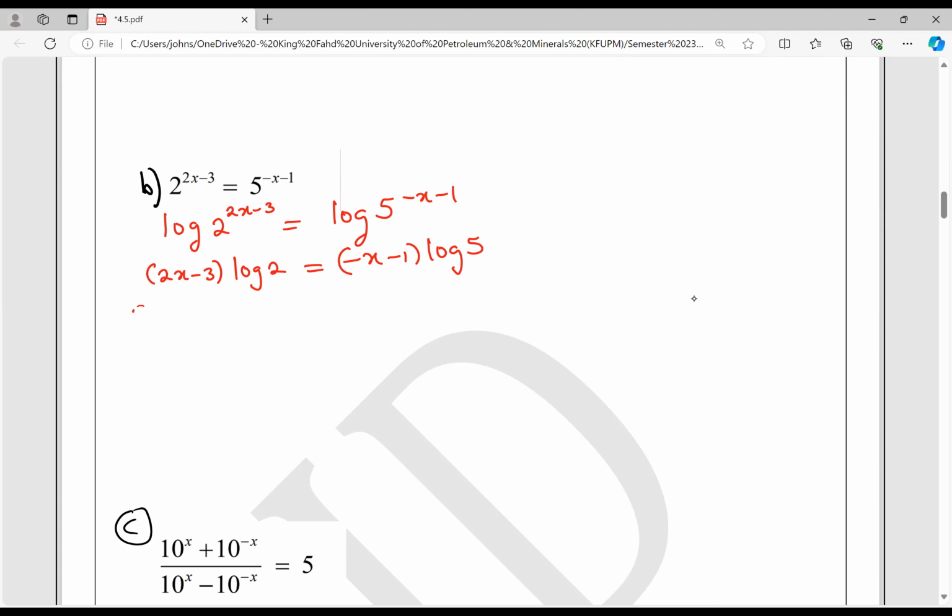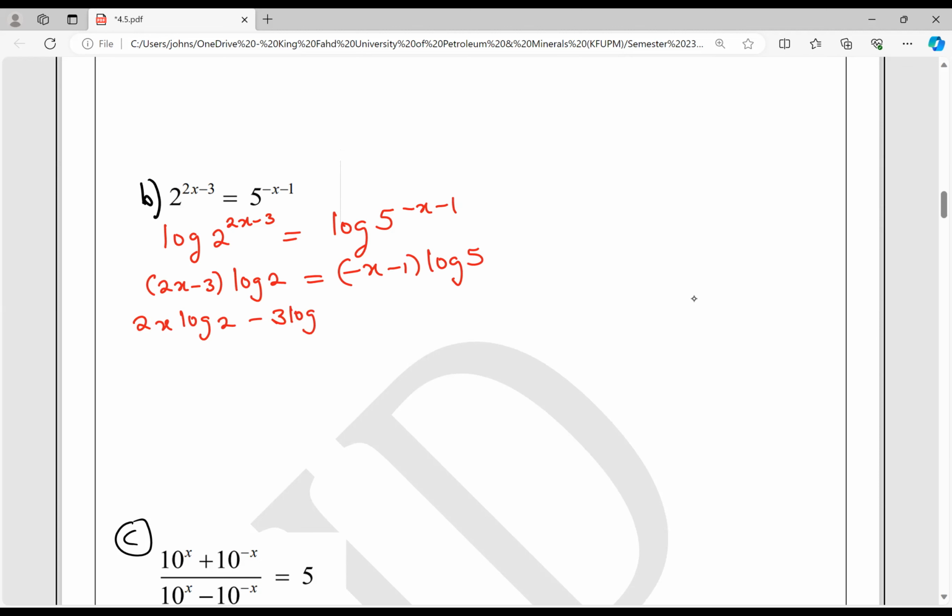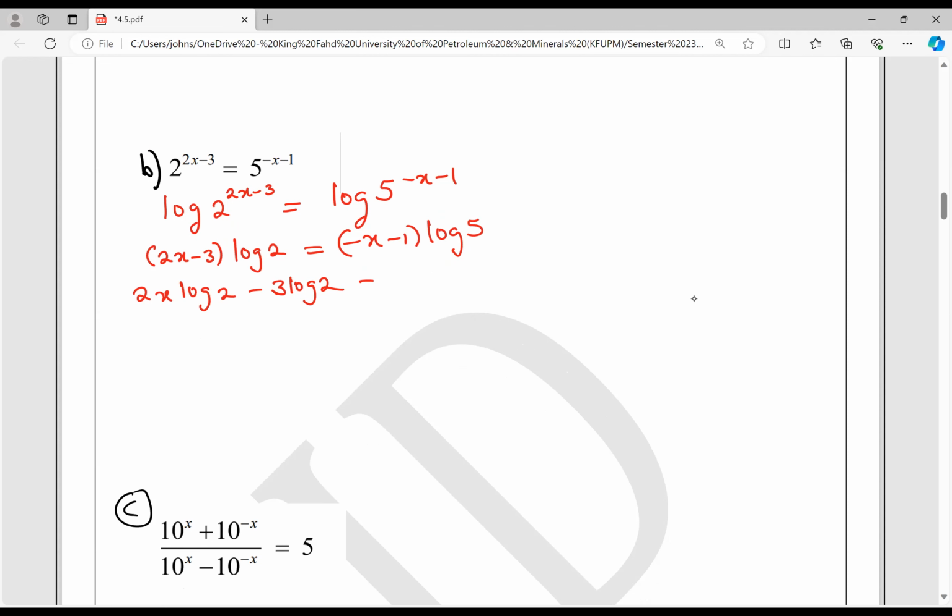So we expand. So we have 2x log 2 minus 3 log 2 equals, here you will have your minus x. So this will be minus x log of 5, then minus log 5.